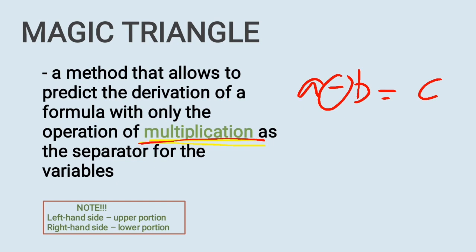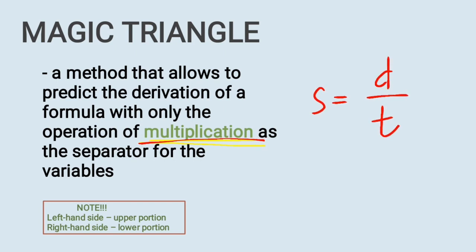However, magic triangle can be used in division also. How? Okay, let me show you this example. I think if I'm not mistaken, this is in the speed formula. S equals d over t, where s is the speed, d is the distance, and t is the time. In here, we all know that s is division, right? Having this symbol.